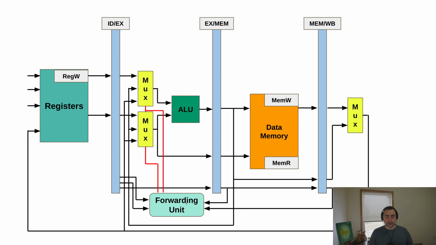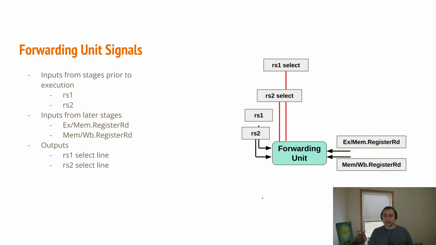So this forwarding unit would help us make a decision of should we choose, say, a value coming from our register file, one coming from our execution mem pipeline register here, or one coming from our mem writeback pipeline register. And this is what this forwarding unit looks like up close. It's taking in as an input our two source registers, so where we're accessing, say, from a register file, and also destination registers from our later pipeline stages.